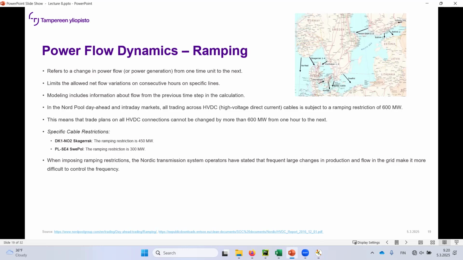Transmission system operators have stated that frequent large changes in production and flow in the grid make it more difficult to control the frequency. So that's why there are these kinds of ramping rate limits.